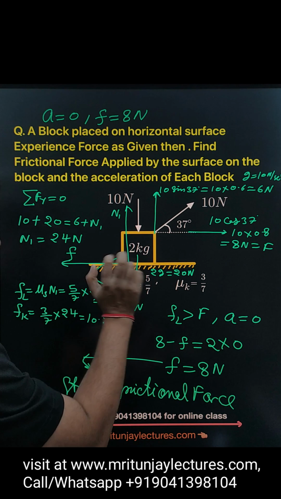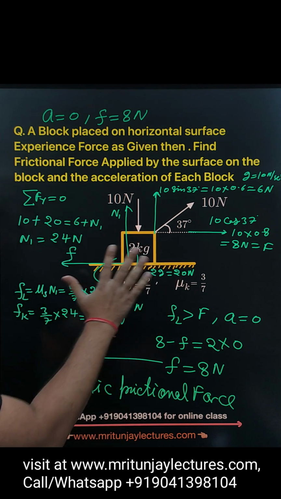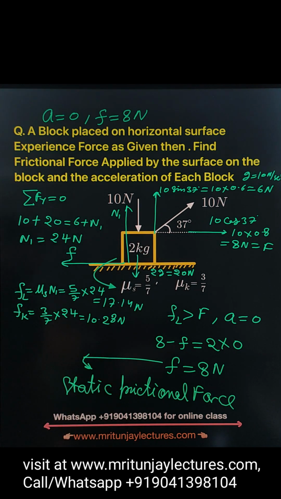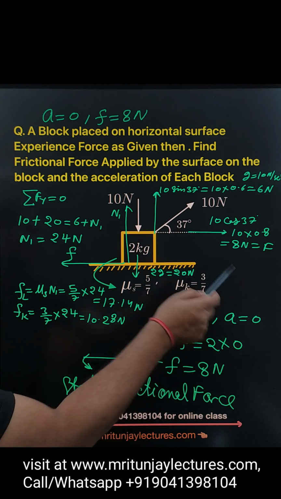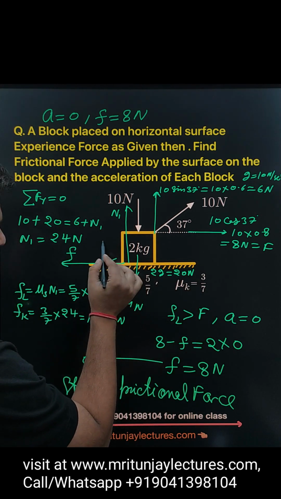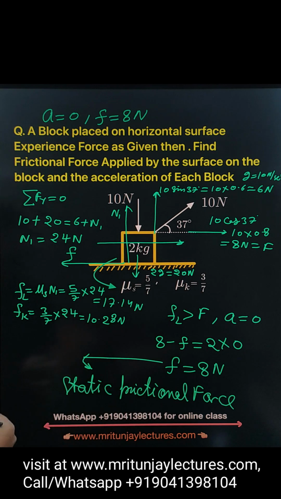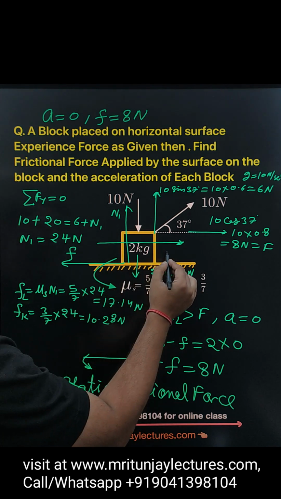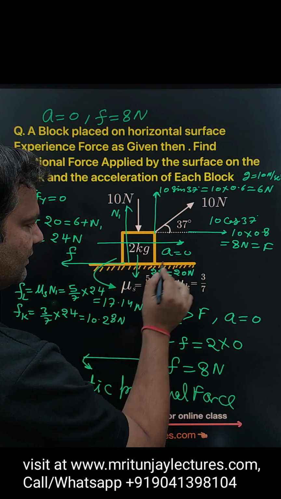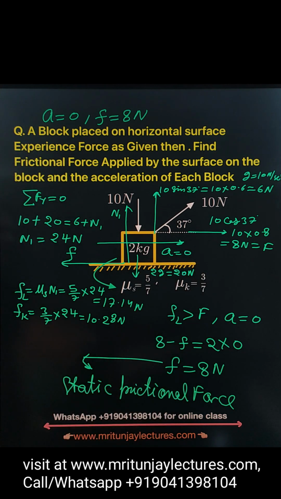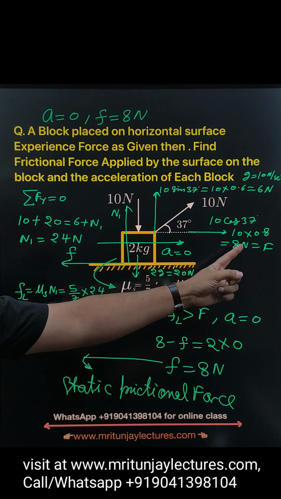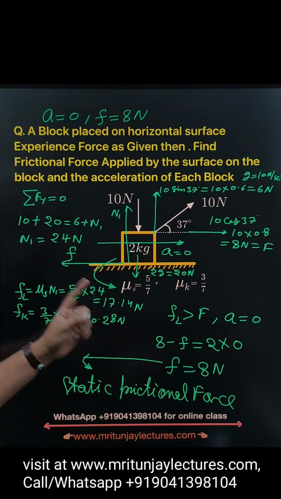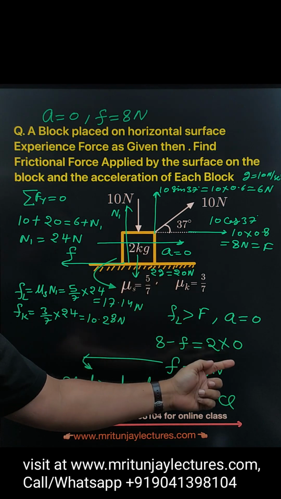Now what about the frictional force at that time, if this block is not moving? According to Newton's second law, suppose the acceleration of the block is a, but here a is equal to 0. We take the unbalanced force in x direction, so 8 minus f is equal to 2 into 0.